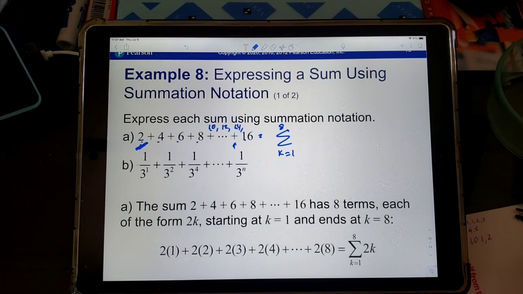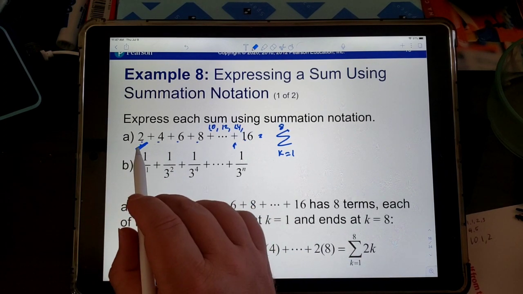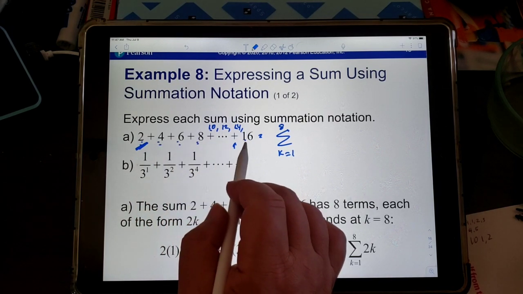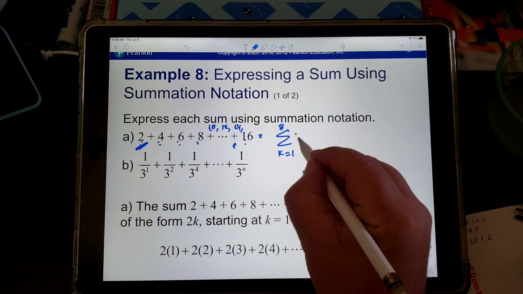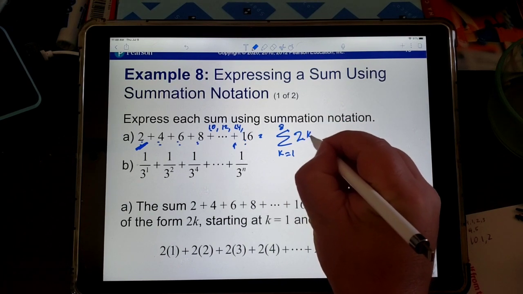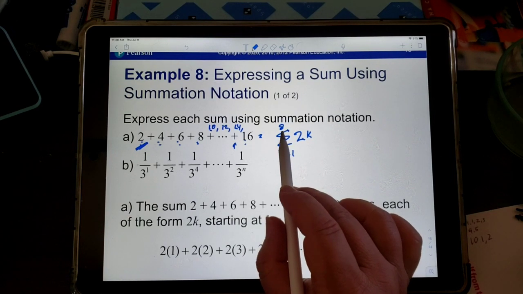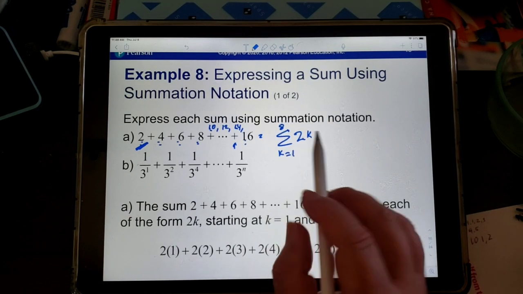And then what's the formula? What are we doing to this number k that takes on all the numbers from 1 to 8? Well, hopefully you can see it. This is 2 times 1, 2 times 2, 2 times 3, 2 times 4, up to 2 times 8. In other words, it's 2k. So sigma k equals 1 to 8 of 2k.